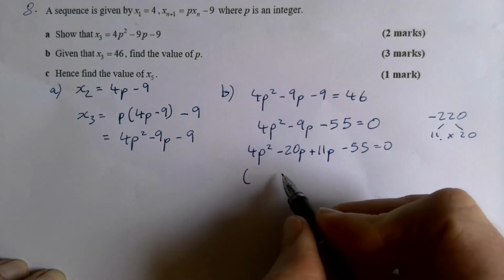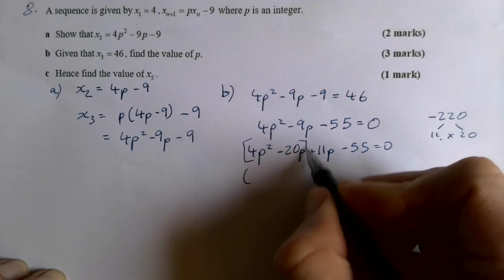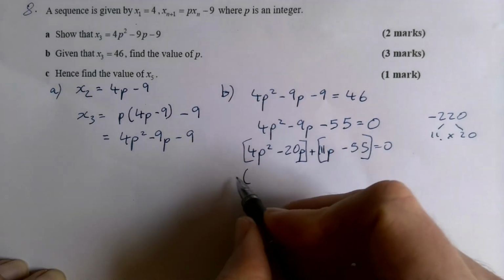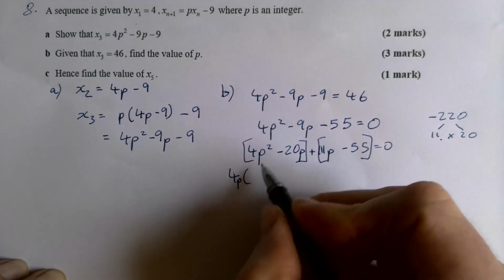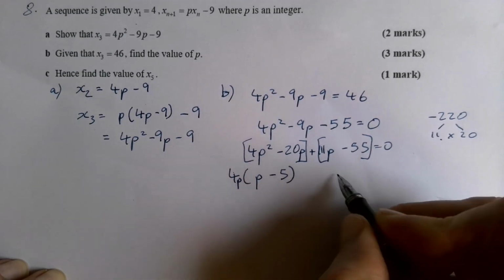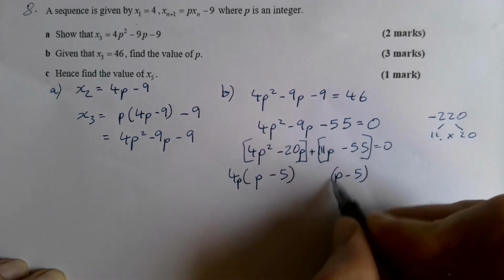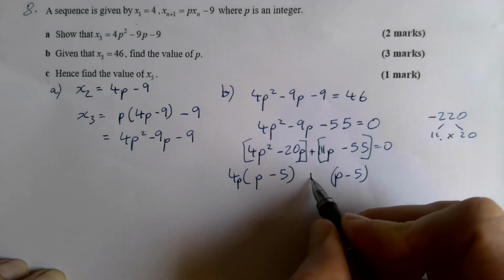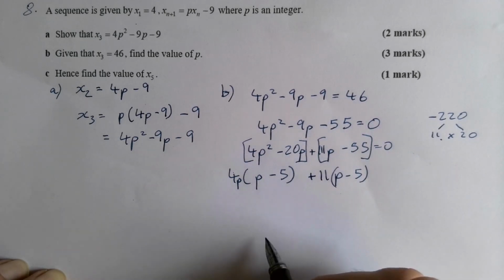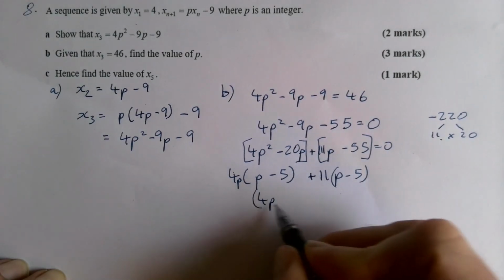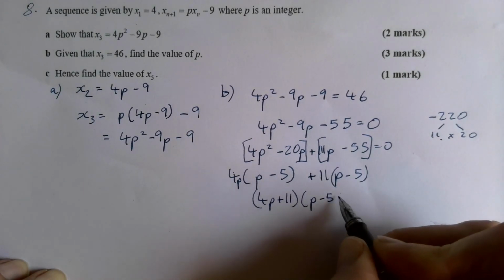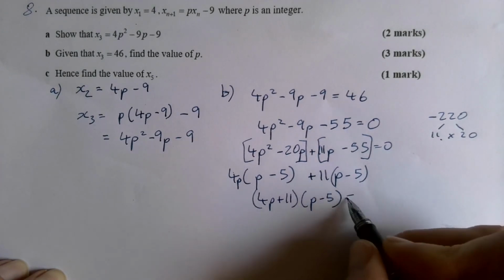Do a pair of single bracket factorizations on those. Take 4p out of there gives me p take 5. That means my other one is going to be p take 5. So 11 times p and 11 times 5. Good. So that means that our factorization is 4p plus 11 by p take 5 equals 0.